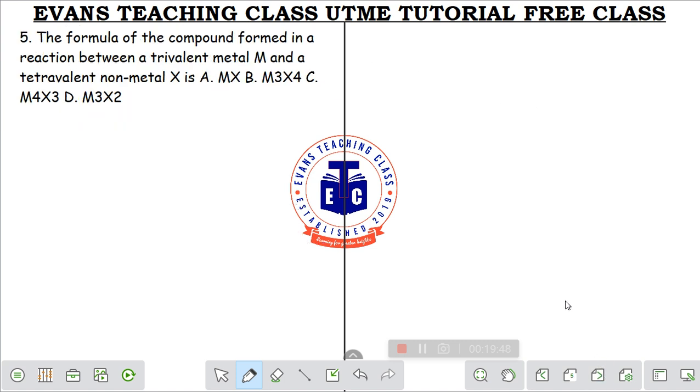So the next question states: the formula of a compound formed in a reaction between a trivalent metal M and a tetravalent non-metal X is. Now when they say something is metal, a metal is a cation. So what are cations? They are positively charged elements, the ones that will be carrying plus on the top like this.